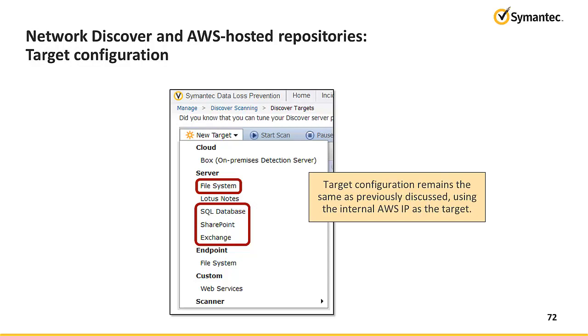It is important to note that Symantec DLP cannot scan the AWS platform itself, but rather supported repositories that are hosted in AWS. For more information on Symantec's support of AWS, see the Symantec Data Loss Prevention Deployment Guide for Amazon Web Services, found on the Symantec.com website.